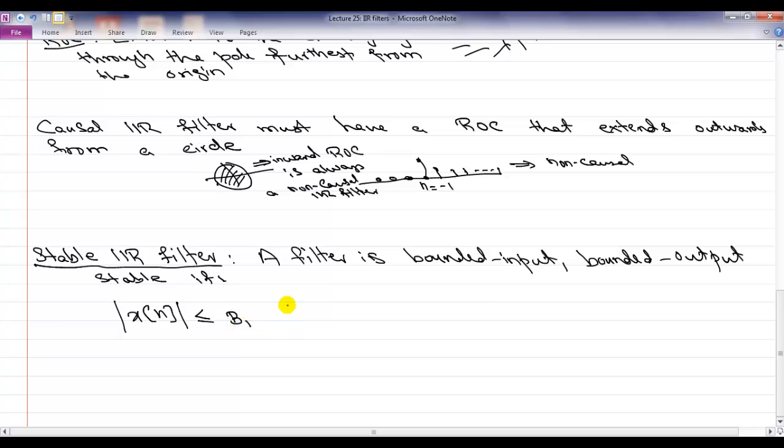If the absolute value of my input is bounded by some number, this means that the output value is always bounded by some finite number. Not the same number, b1 and b2 are different, but they are bounded. Okay? Where b1, b2 are finite numbers.